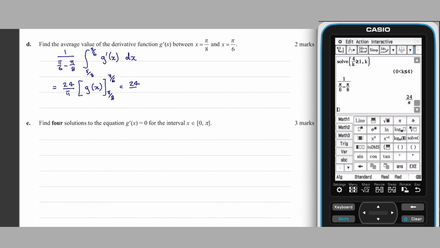This equals 24 on pi multiplied by g of pi on 6 take g of pi on 8.